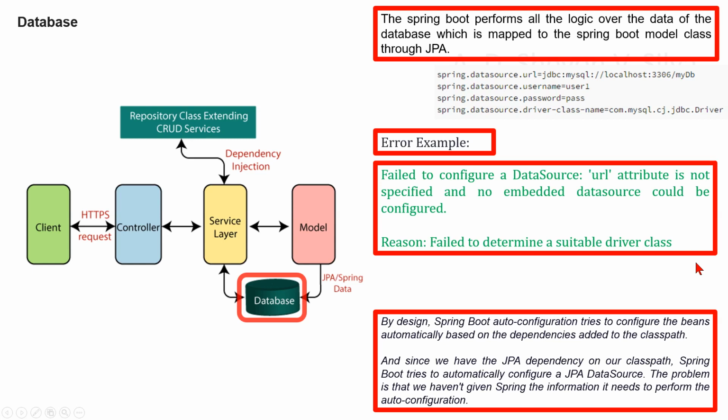The problem is that we haven't given Spring the information it needs to perform auto-configuration. For example, we haven't defined any JDBC connection properties, and we need to do so when working with external databases such as MySQL and MS SQL. On the other hand, we won't face this issue with in-memory databases such as H2, since they can create a data source without all the information.